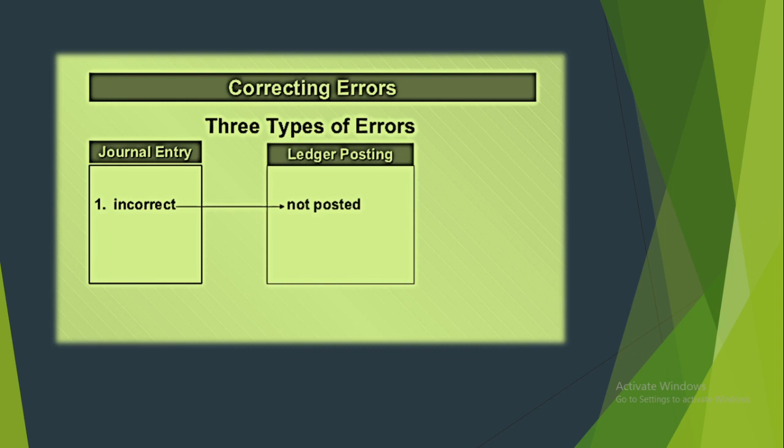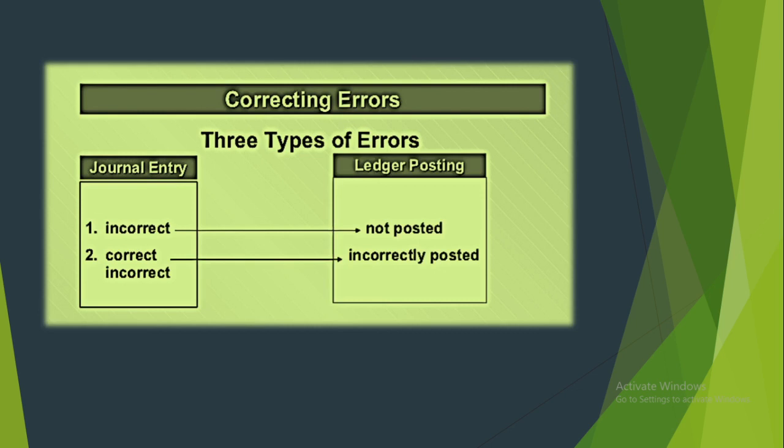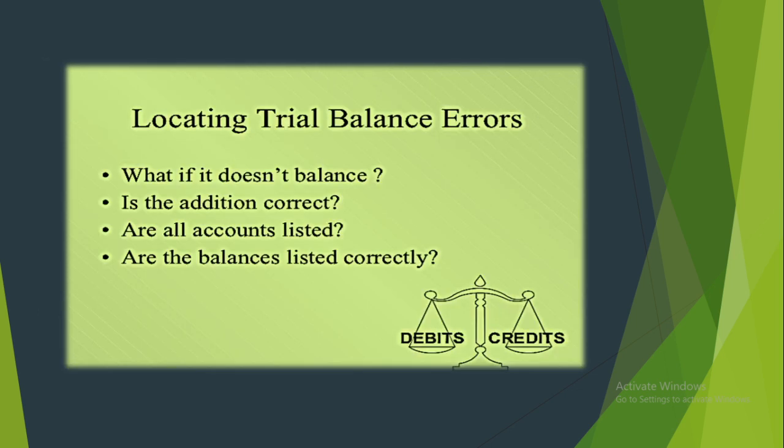In journal entry, maybe there is a chance of mistakes, and it also affects ledger posting. So if the journal entry is incorrect, it is not posted correctly in the ledger account, and another chance is that the journal entry is correct, but it is not correctly posted in the ledger.